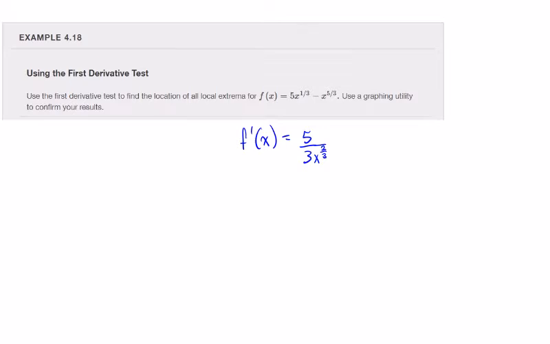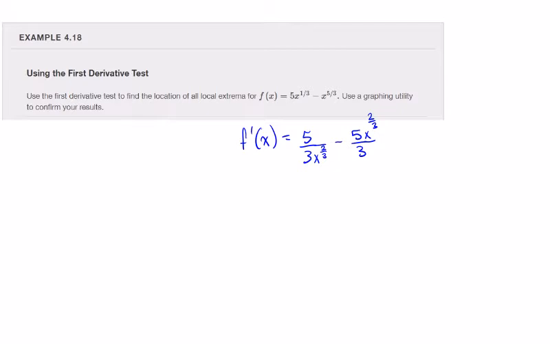Okay, and then minus 5/3 times 1, so it'll just be 5/3 in the front, and it'll be x to the positive 2/3, right? Okay. So that's my first derivative.